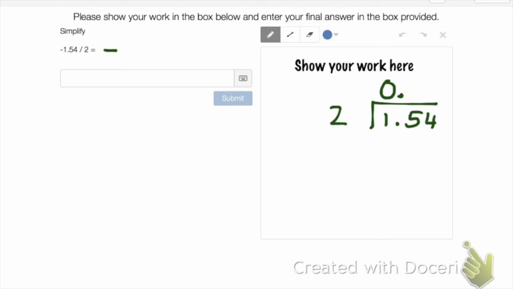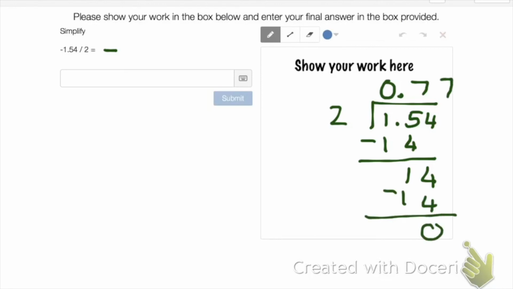So now we will take 15. 2 goes into 15 about 7 times, right? So 7 times 2 is 14. 15 minus 14, we have 1 left over. And we can drop down another 4. So same thing, 2 goes into 14 about 7 times. So negative 1.54 divided by 2, the answer will be negative 0.77.